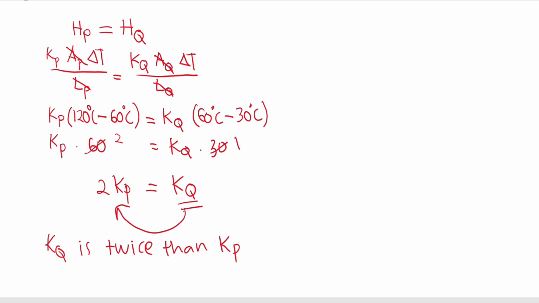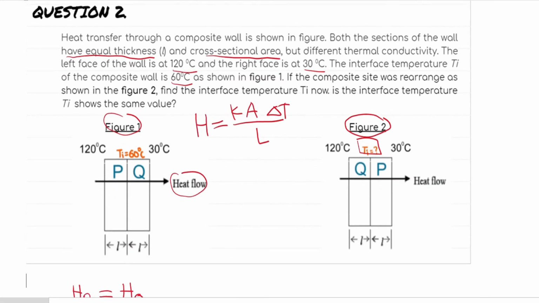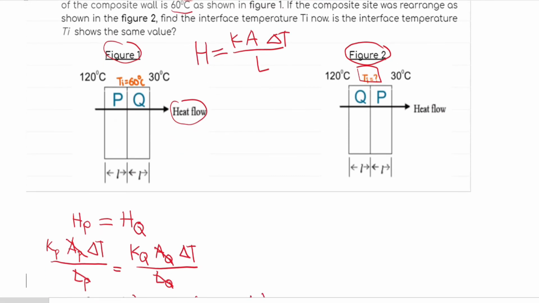Okay, after we got the ratio of the thermal conductivity, we can calculate the interface temperature if we rearrange the composite slab. With the same equation as before, we use HQ equal HP, but with different temperature differences, right? Because for wall Q the temperature now is 120 degrees Celsius, and on the right side, wall P, the temperature is 30 degrees Celsius.